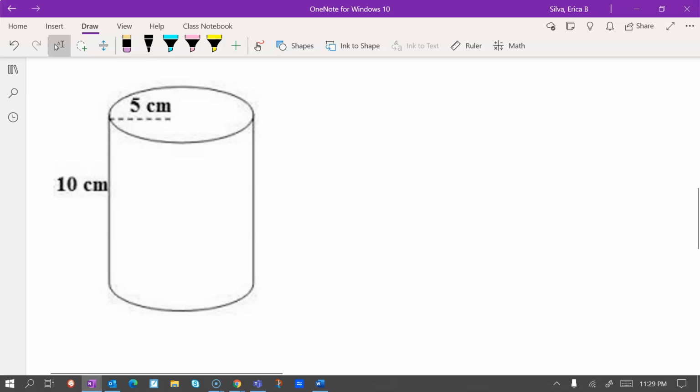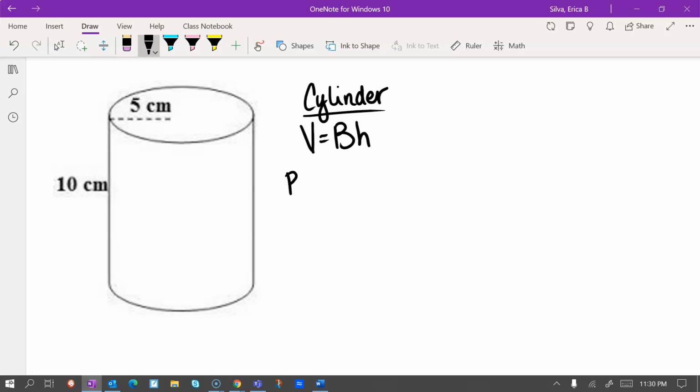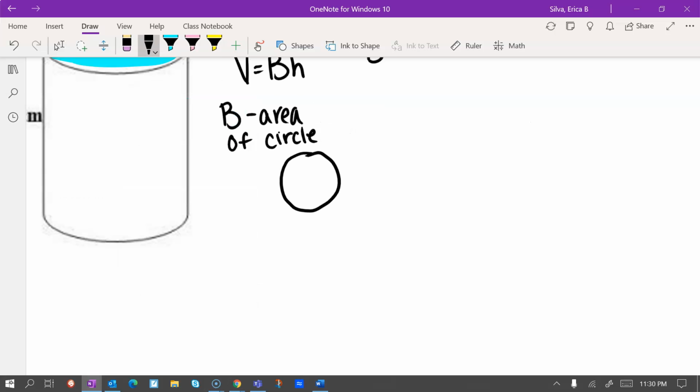What is the name of this shape? If you said it was a cylinder, you are correct. Now for our cylinder, we're still going to use capital B times H, where we need to find our B and our H. And now in this case, our B is a circle. So we need to find the area of the circle. Let's go ahead and redraw that.